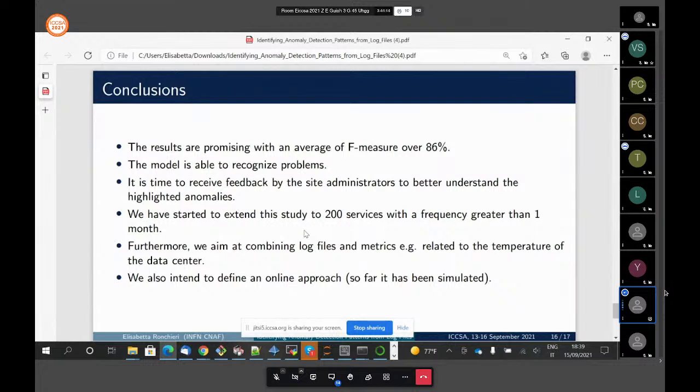We have started extending the study to all the services available in the data center with a frequency greater than 1 month.